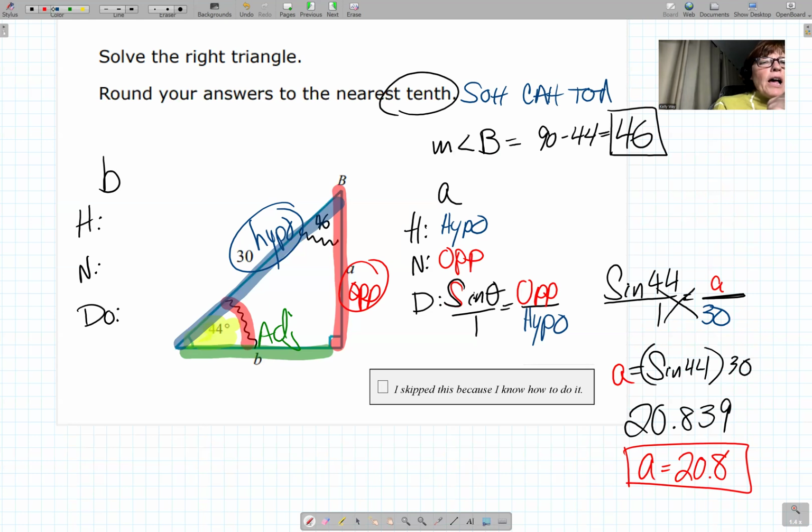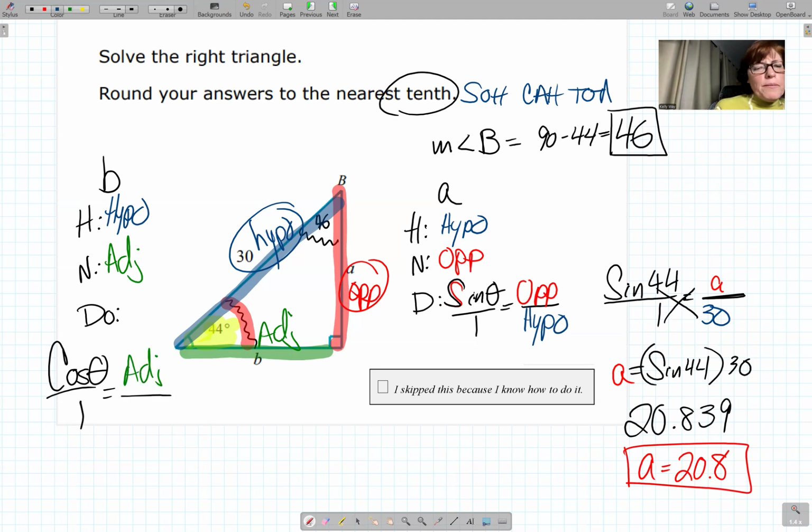Coming over here to B, we have the hypo, and we would need the adjacent for B. That would be cosine theta over 1 equals adjacent over hypo, and cosine 44 equals adjacent, which is B, over hypo, which is 30.